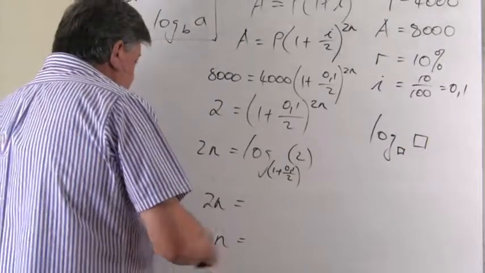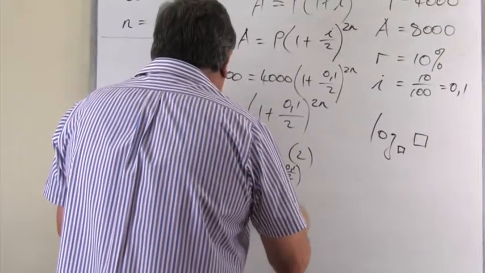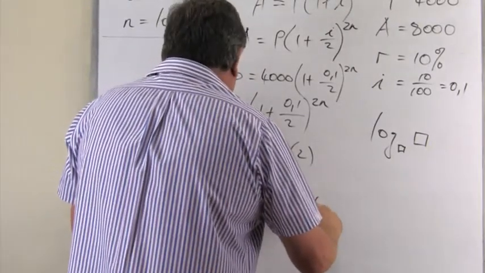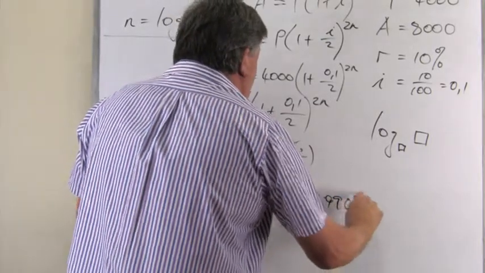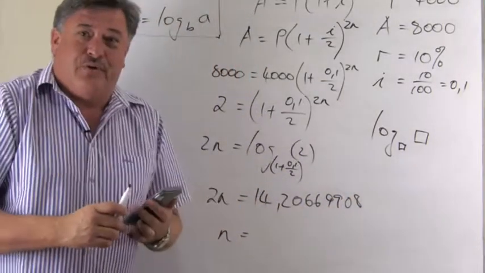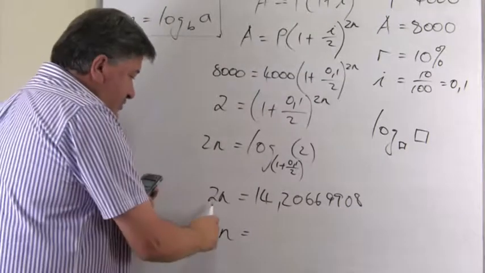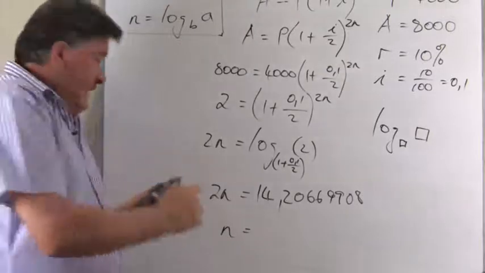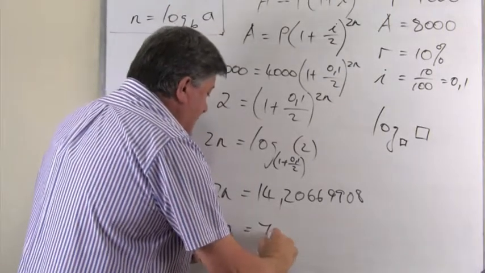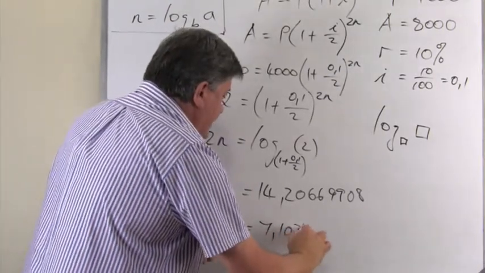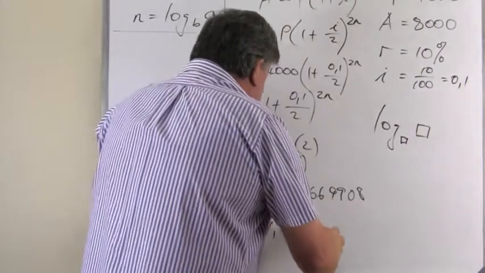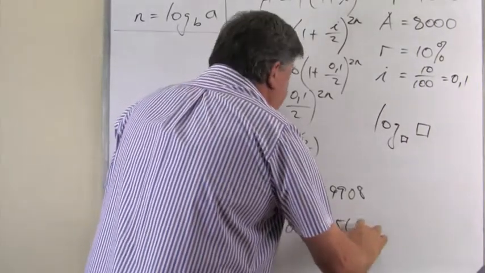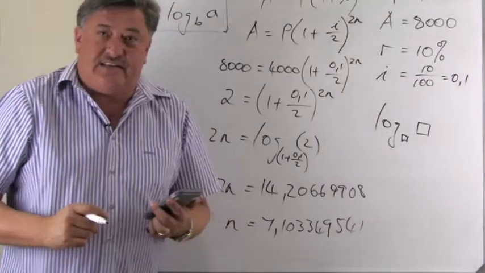Now my answer works out to 14,2066,9908. And I hope you agree with me on that one. How do I get rid of the 2? I divide both sides by 2, and I write down my value for n, or my number of years: 7,103349541. I just wrote down all the decimals.